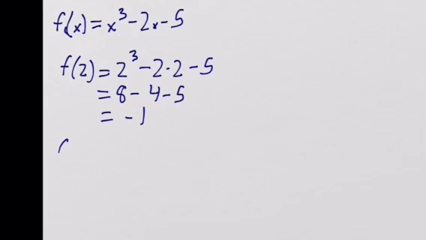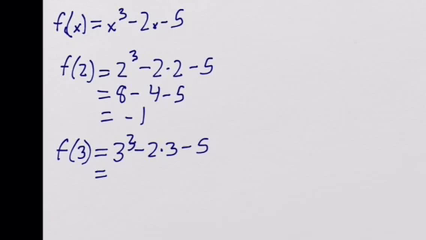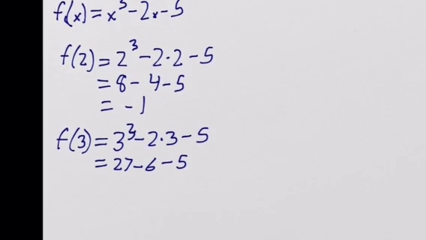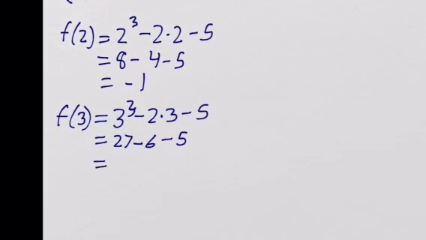And then f of 3 is equal to 3 cubed minus 2 times 3 minus 5, or 27 minus 6 minus 5, which is going to be 16.